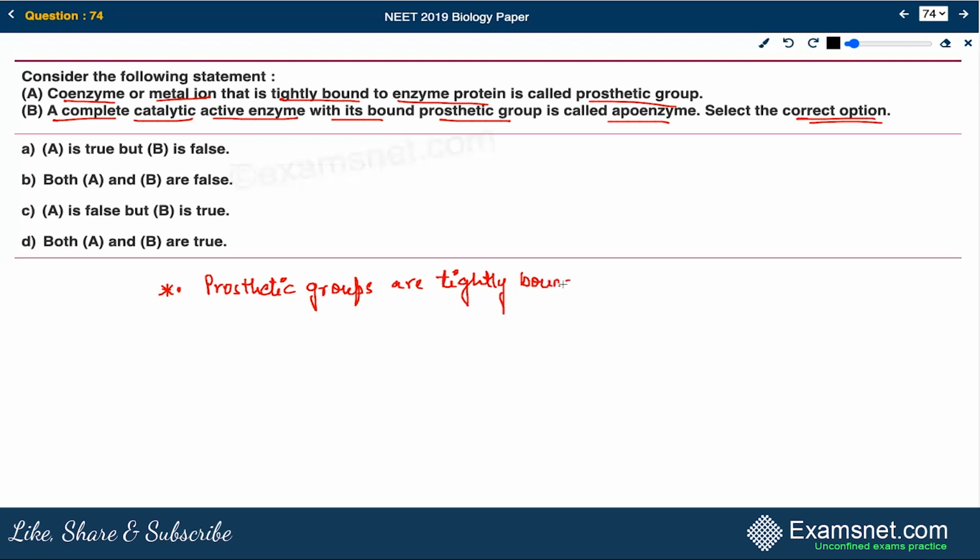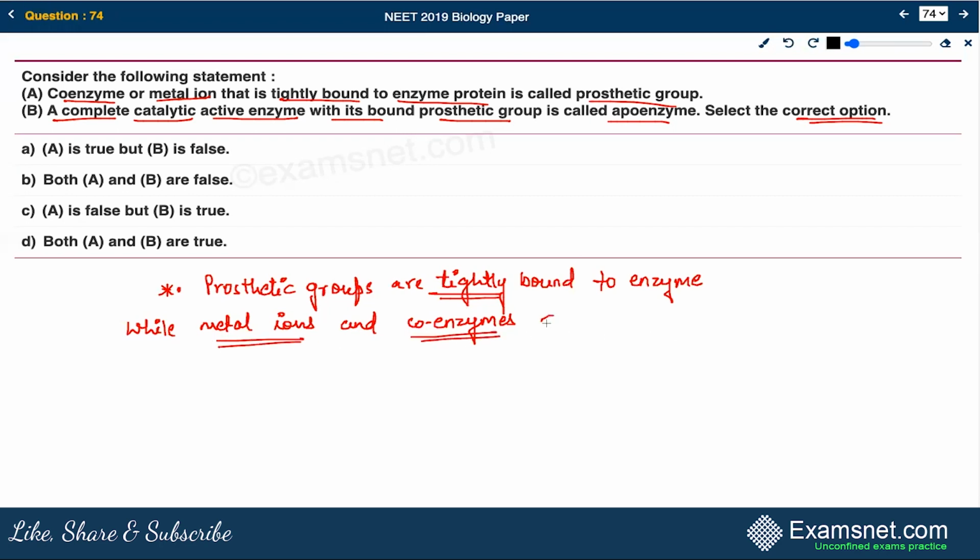So these are tightly bound to enzyme. Remember this. These are tightly bound to enzyme. While on the other hand, the metal ions and the coenzymes, they are transiently bound.